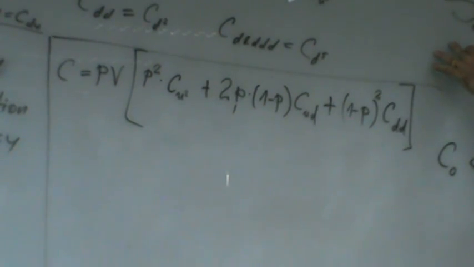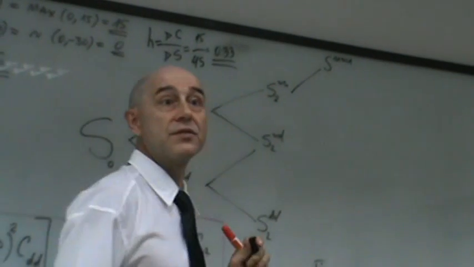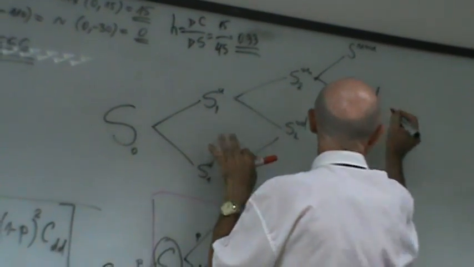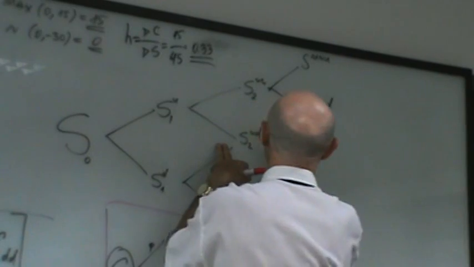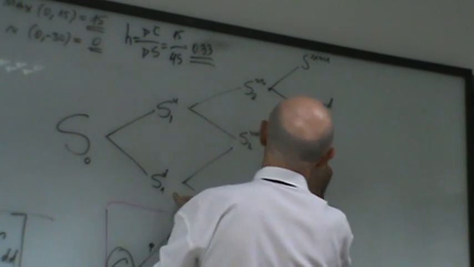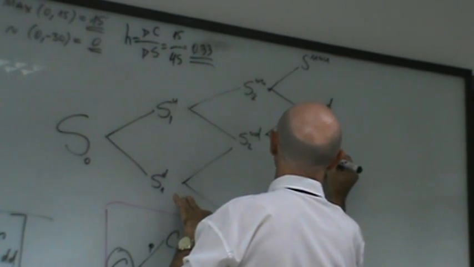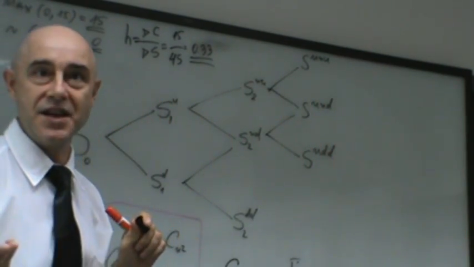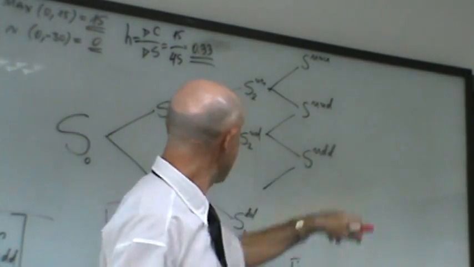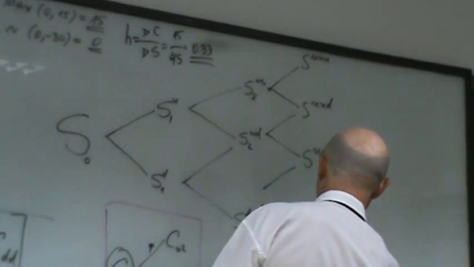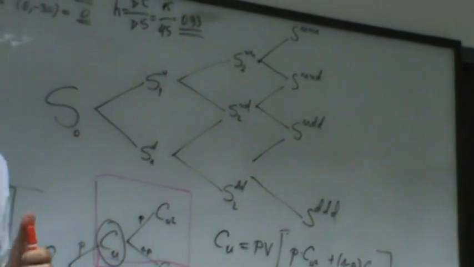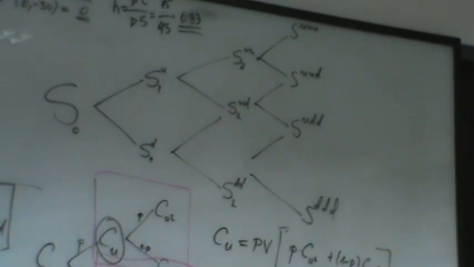It's going to be S, U, U, U. This one is S, U, U, D. This one is S, U, D, U, which is the same as U, U, D. Next one is S, U, D, D, and this one is again D, D, U. And the last one is S, D, D, D. So now we're beginning some basic calculation.